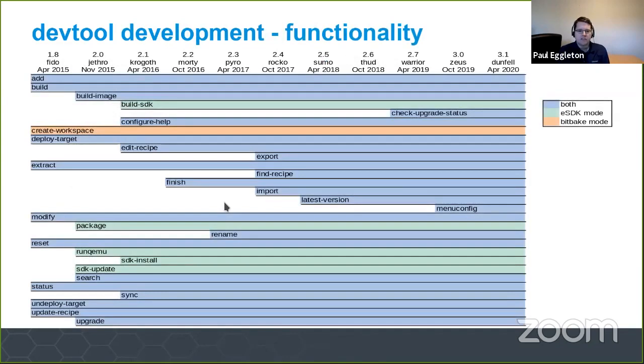So this chart just gives you a little bit of an idea of when the various bits of functionality in DevTool were introduced. As you can see, it's been around for quite some time now. In the past, we had a bit of trouble because when DevTool was new, for various reasons, vendor BSPs and pre-existing software and other restrictions, people might have been pinned to an earlier version and therefore they didn't have certain bits of DevTool functionality.